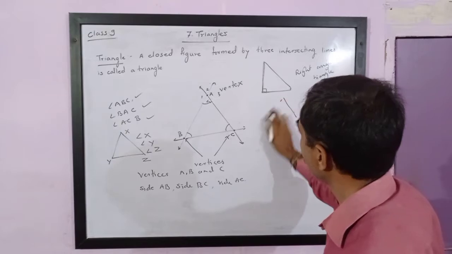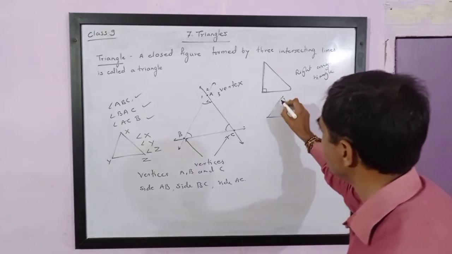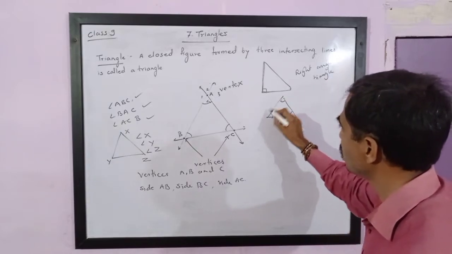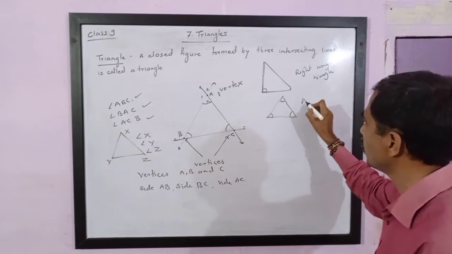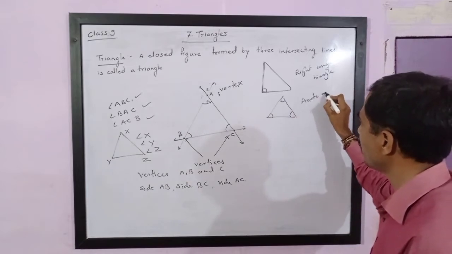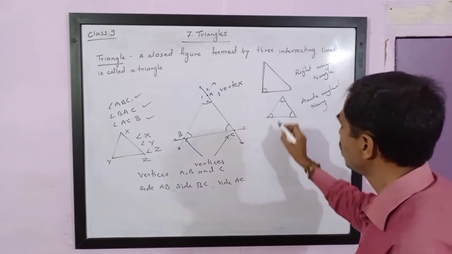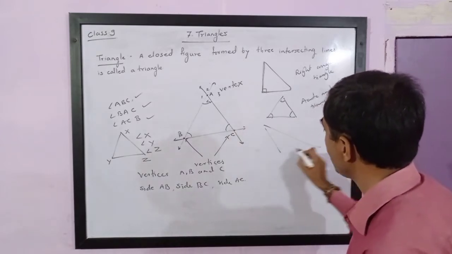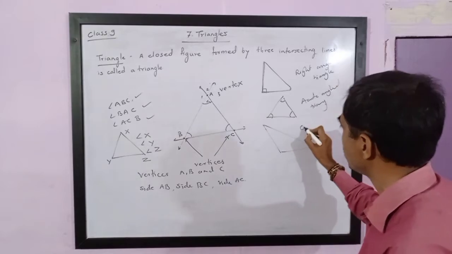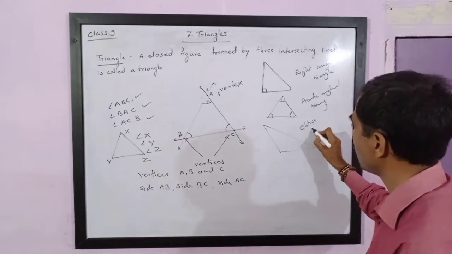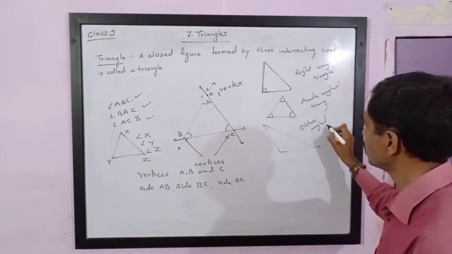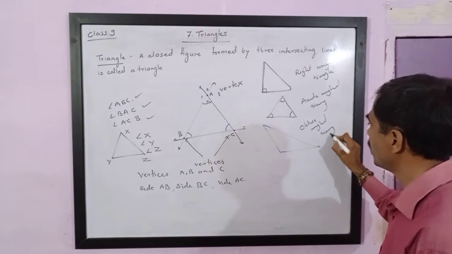If the measure of all three angles is less than 90 degrees, then we call the triangle an acute angle triangle. And if one of the angles is more than 90 degrees, then we call such triangles an obtuse angle triangle. This is what we have already studied.